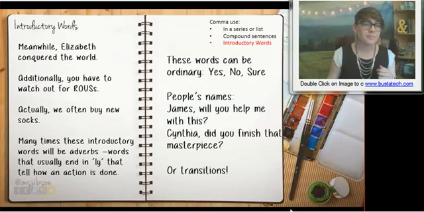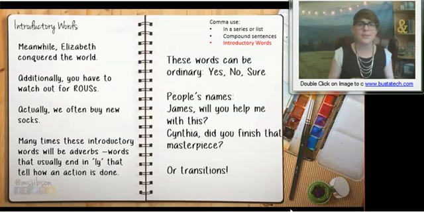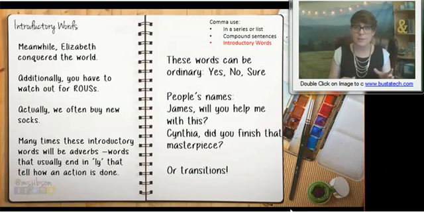Okay, all done. Many times these introductory words will be adverbs, words that usually end in ly and tell us how the action is performed. Quickly, he ran to the sofa, or happily, she ate her ice cream. In both of those examples, after quickly, there would be a comma, or after happily, there would be a comma.